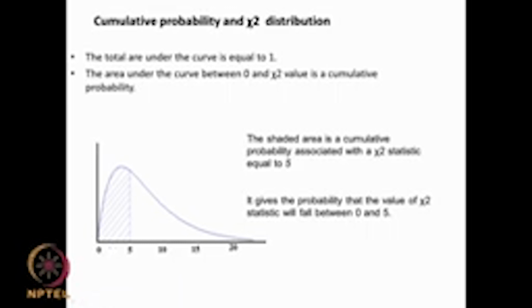The area under the curve is the probability, because this whole area is 1, the whole probability is 1. So, this gives you the probability that your chi-square will lie between 0 and 5. Do you understand? So, chi-square lying between 0 and 5 is given by this shaded area. If you take the whole area, the probability is 1 and the area is also 1.